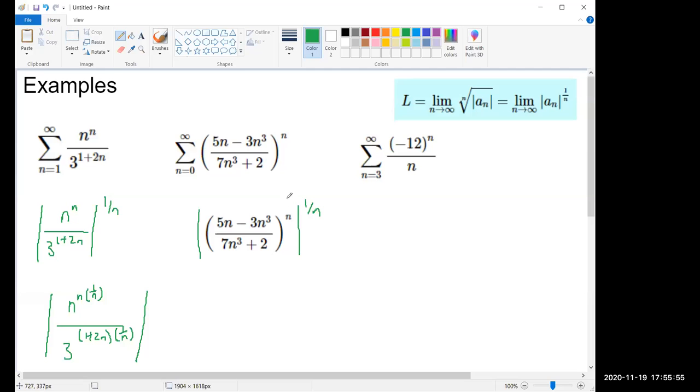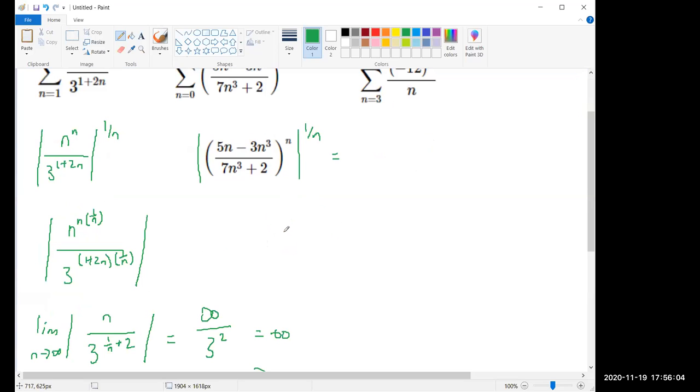Well, in this question, all that does is it sort of gets rid of this exponent here, along with that exponent. So this becomes 5n minus 3n to the third over 7n to the third plus 2. And then, yeah, that's pretty much it.